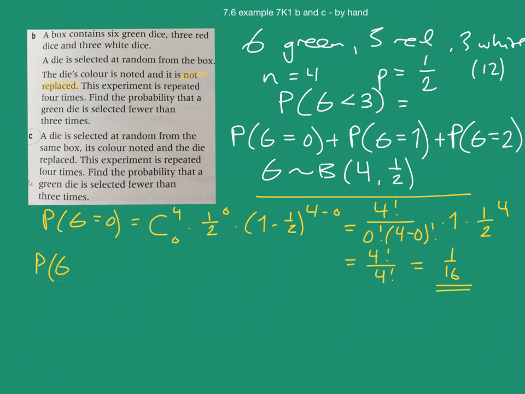Our second probability is the probability that green is equal to 1. That we get 1 green die. And that's going to be capital C for 1/2 to the power of 1 multiplied with 1/2 to the power of 4 minus 1. And we work this out the same way as before.